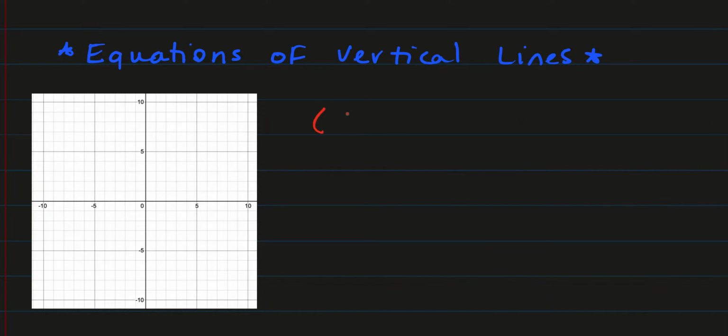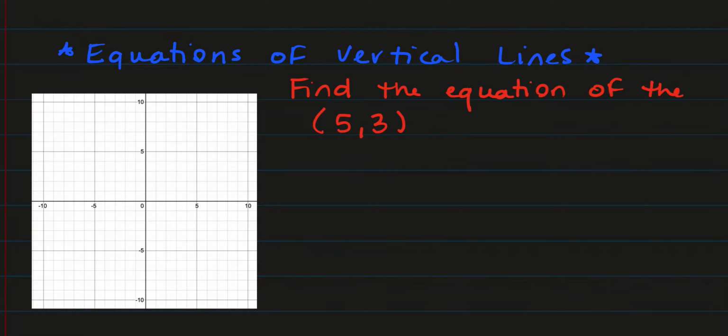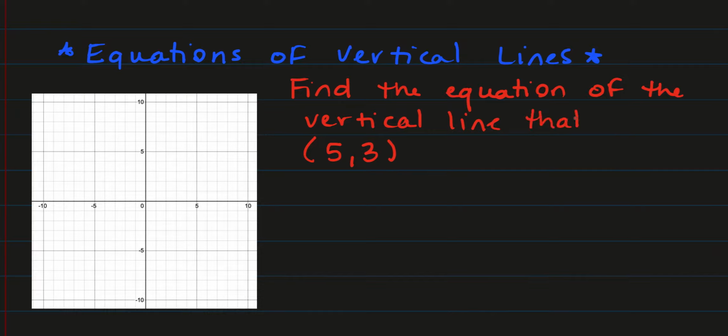Let's say we have the point (5, 3), and I want to find the equation of the vertical line that passes through this point (5, 3). Also, give another point on the line.